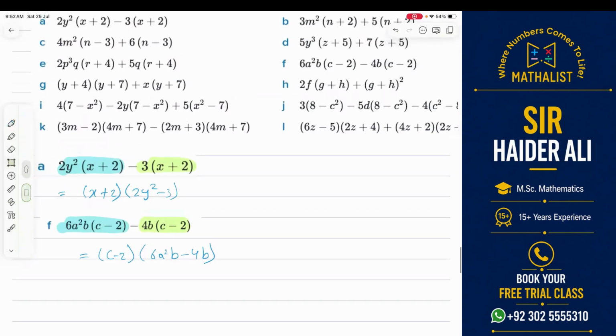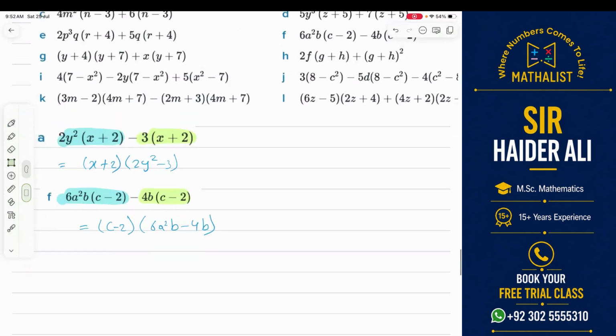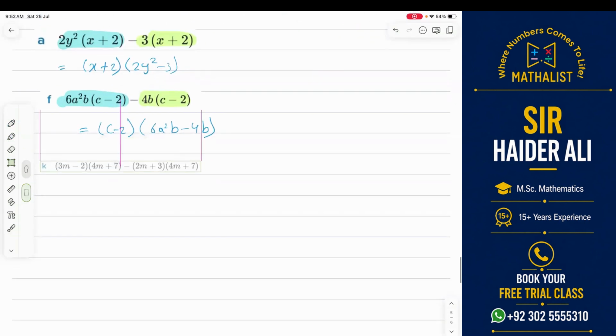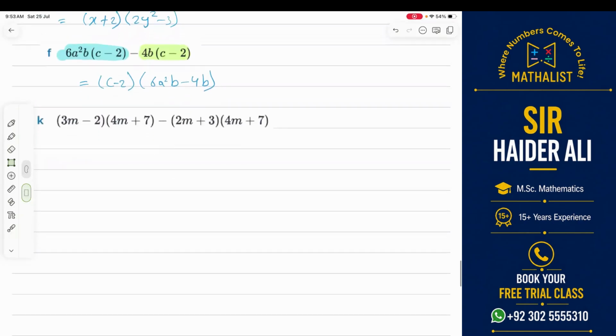And similarly, next one for the k part. It's for the first one, it's for the second one. 4m plus 7 common, inside 3m minus 2 minus 2m minus 2.